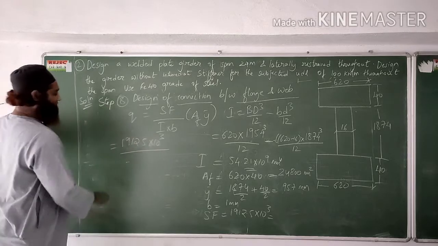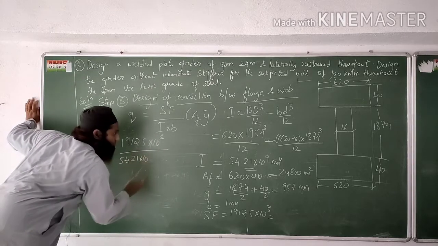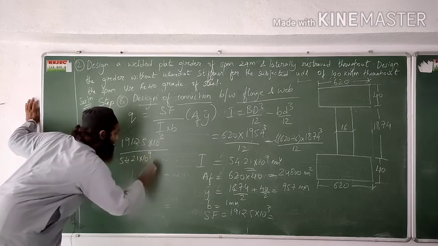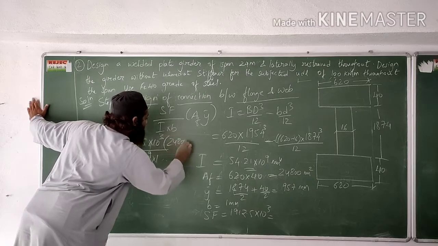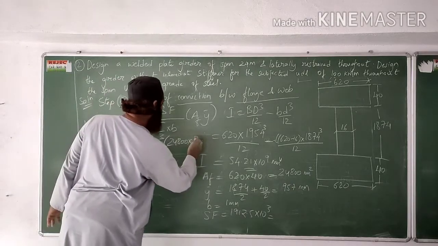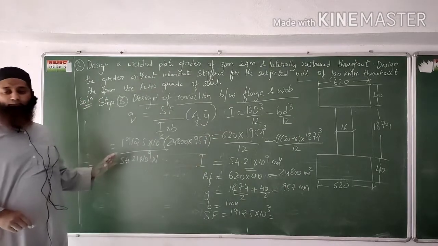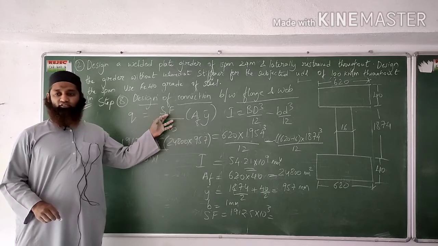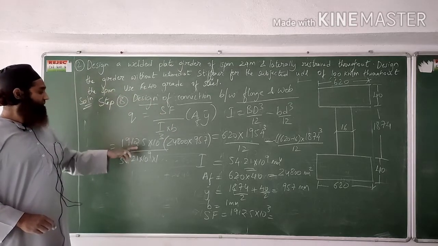I value is 54.21 into 10 to the power of 9. B is 1, area of flange is 24800 into Y bar 957. Hope you have got this. It is very simple, everything is correct. Shear force is 1912.5 into 10 cube, which we calculated in the second step.